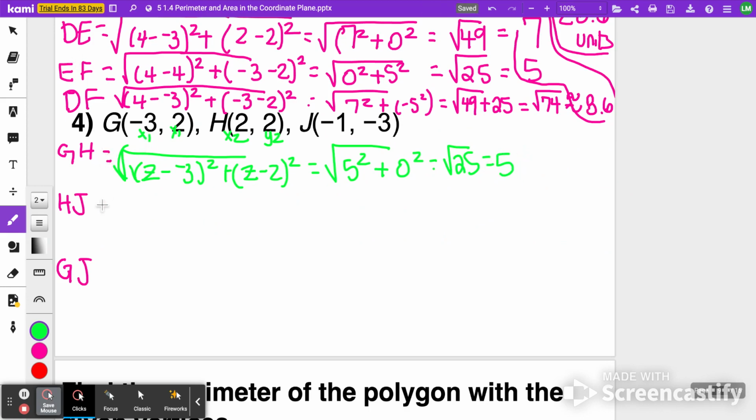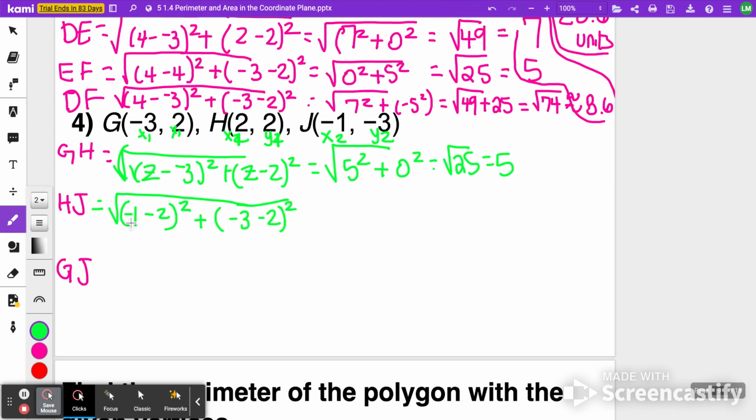For HJ, I'm going to reflect and say that H's are now going to change to my x1, y1. J's will be my x2, y2's. So I'm going to do x2 minus x1, that's negative 1 minus 2 squared for J to H, plus negative 3 minus 2 for my y squareds.